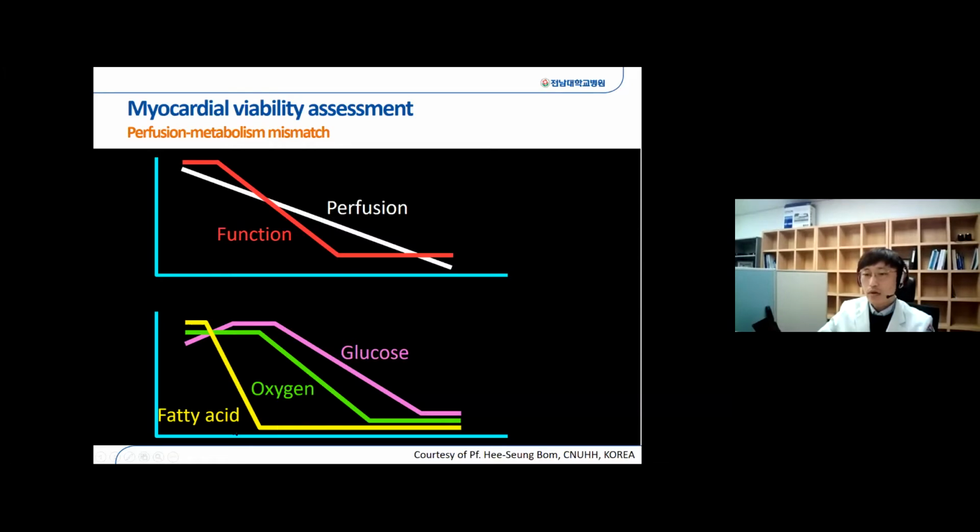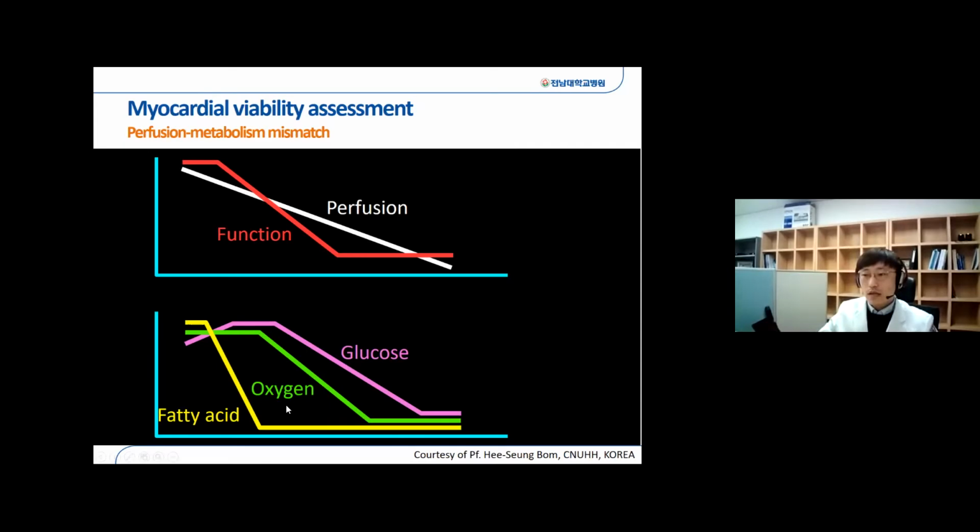And on the lower graph, in a normal state, the major energy substrate of the myocardium is fatty acid. Fatty acid oxidation is the major source of ATP production, and it needs much more oxygen than glucose metabolism, because the myocardium should cut the long fatty acid chain into short fatty acid materials using much oxygen, repeatedly cutting the chains.